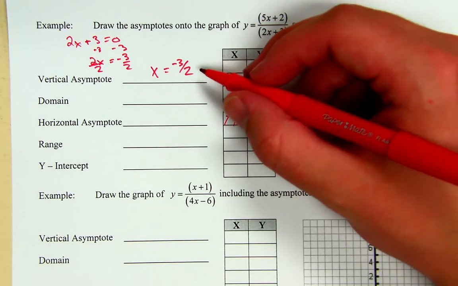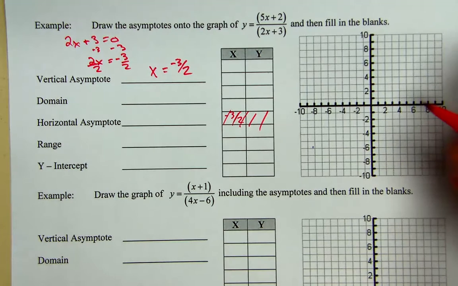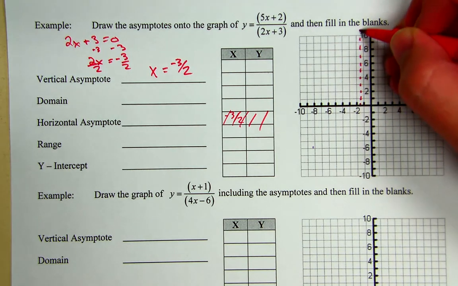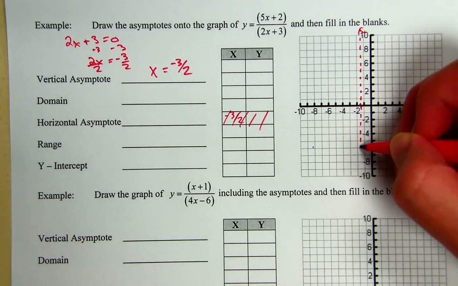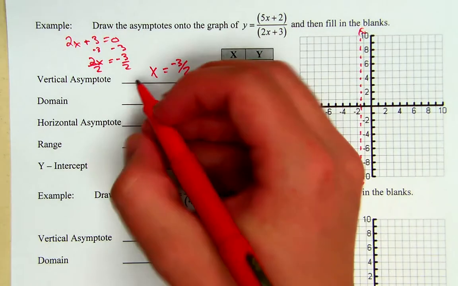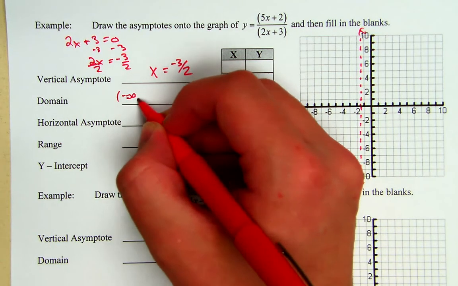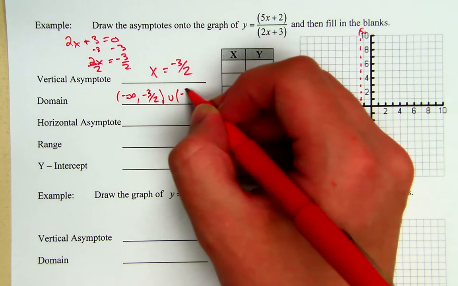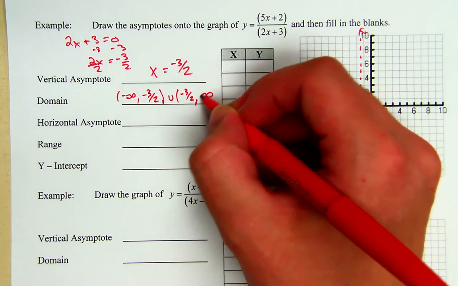Negative 3 halves, you should know that's negative 1.5. So in the middle of negative 1 and negative 2 is where you're going to plot that asymptote. We can't have that, so negative infinity to negative 3 halves, union negative 3 halves to positive infinity.